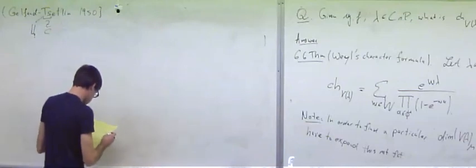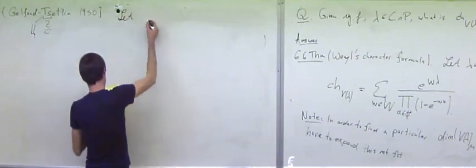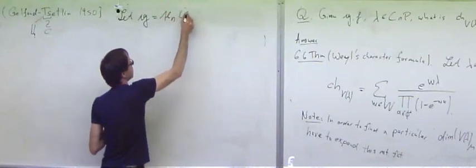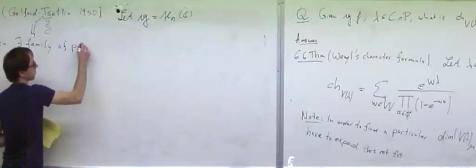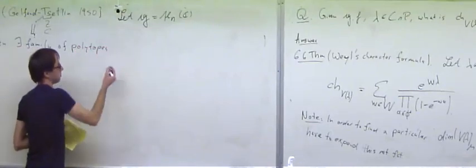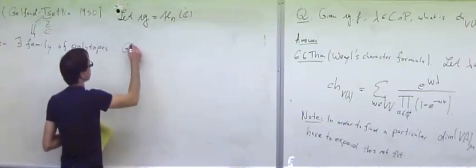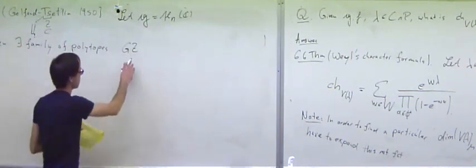And what do they say? So I consider SL_n C. Then there is a family of polytopes, say GZ_lambda. This is from the other convention, so I abbreviate this as GZ.